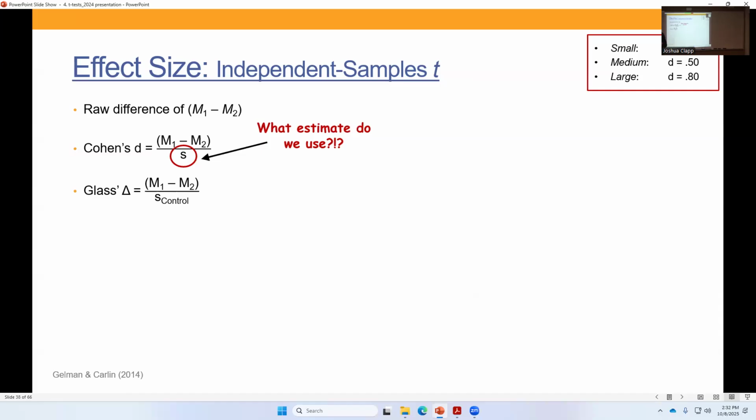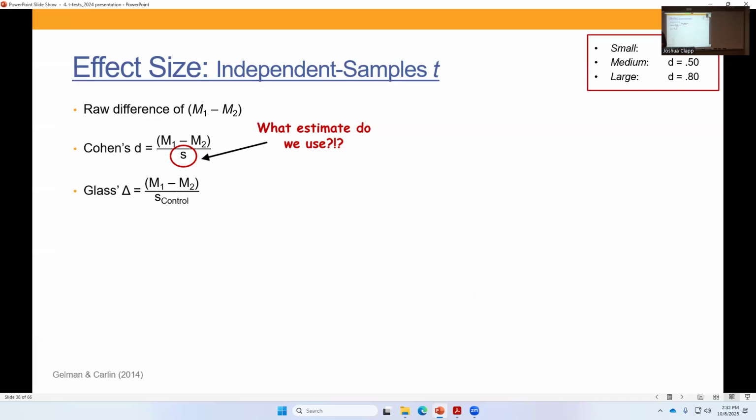And same thing, clinical folks, if you were running some sort of treatment study, you have this group that is just your waitlist control, and this is your group that got treatment. You might run Glass's delta and just say, we're looking at differences across these groups relative to the variability that we would just see if people didn't get any help at all. Okay. So an option here.